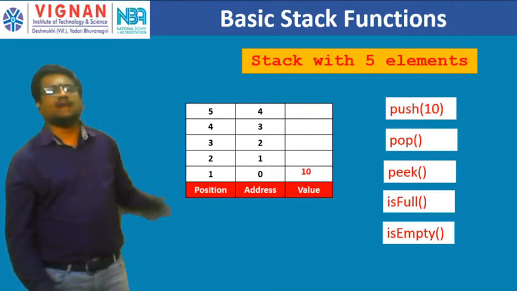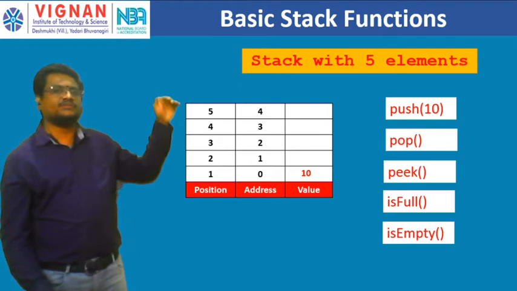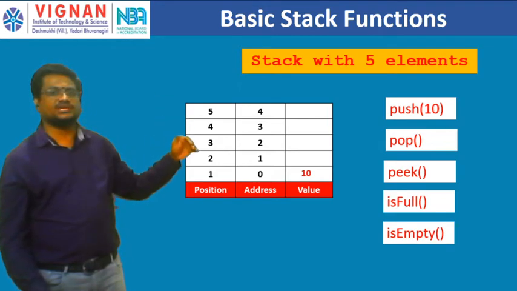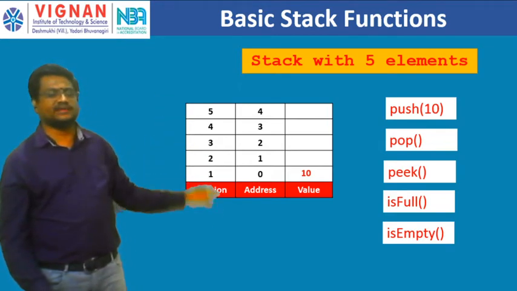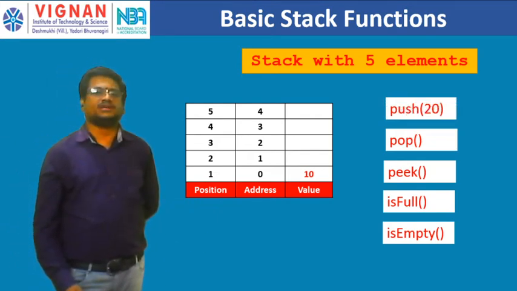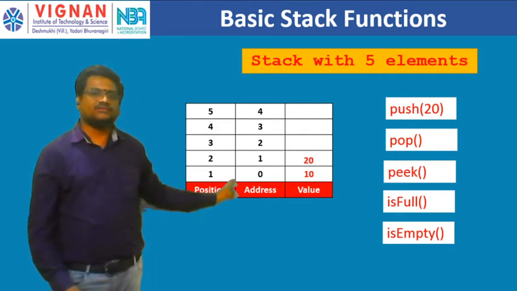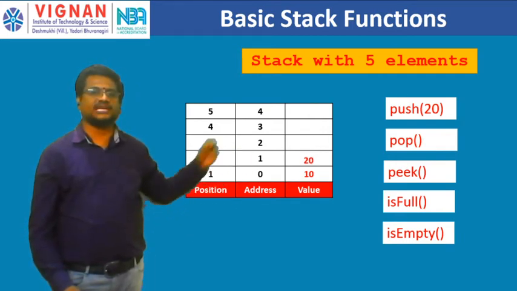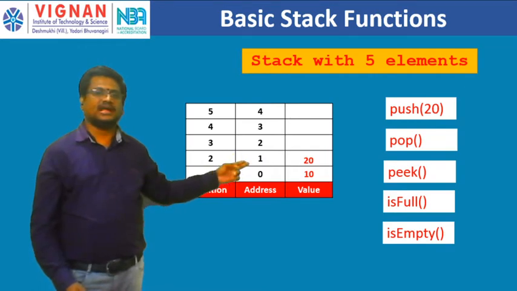See here, I'm inserting from the top. So from the top it will check fifth, fourth, three, two, one. The first position doesn't have an element, so it will go to the first position. Again I am inserting 20. Again it comes from the top. Already the first is filled, so it will go to the second position, that is address 1.